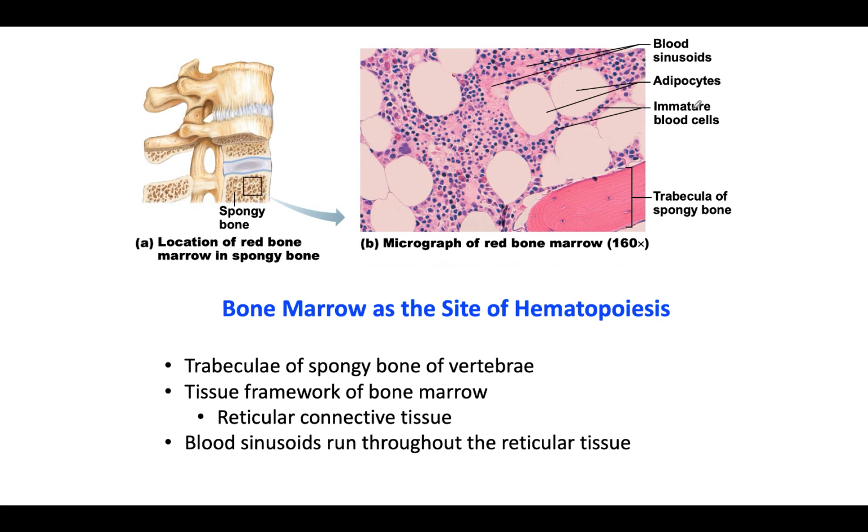You can see immature blood cells, and blood cells keep generating, and mature blood cells enter the bloodstream through endothelial cells of sinusoid. You can see here's blood sinusoid. And once blood cells mature, then they enter the blood vessel by way of blood sinusoid.